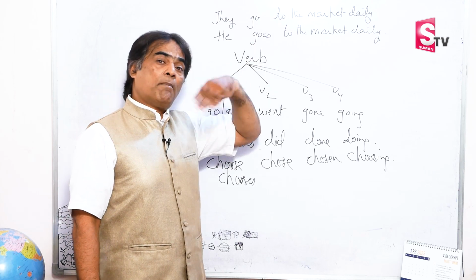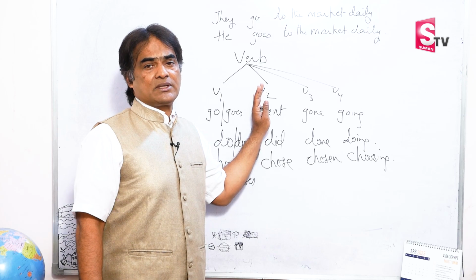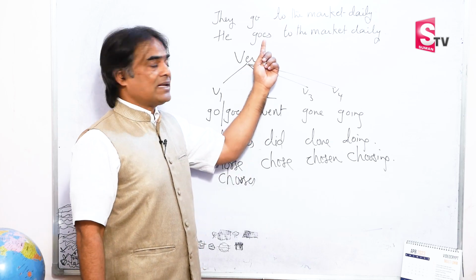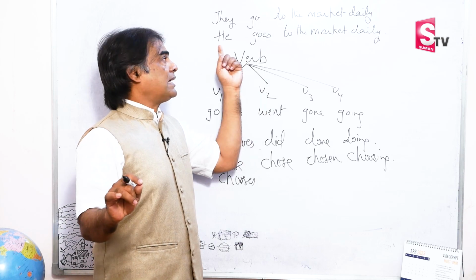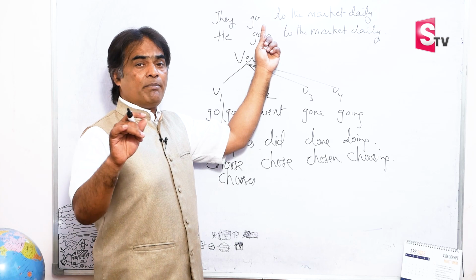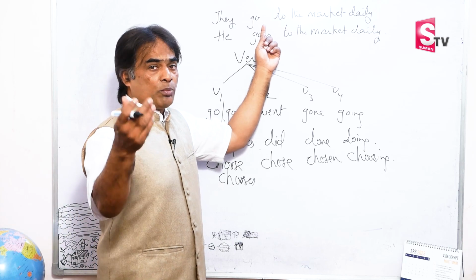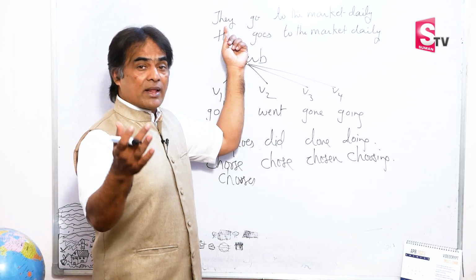This is opposite in the case of nouns. I am discussing verbs. When we add s, the verb becomes singular to be used for singular subject. When you remove s, the verb becomes plural to be used for a plural subject. What are the exceptions?